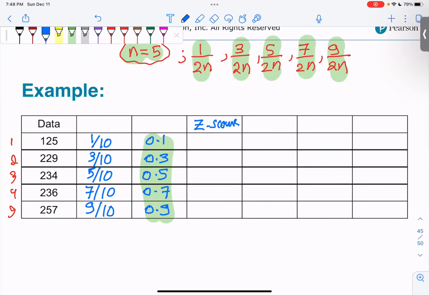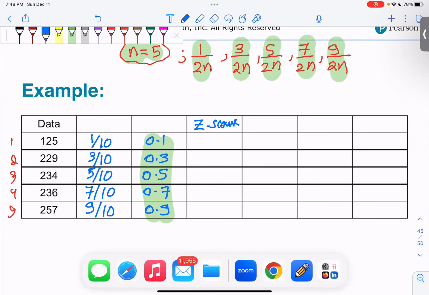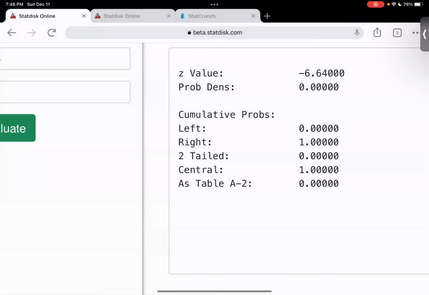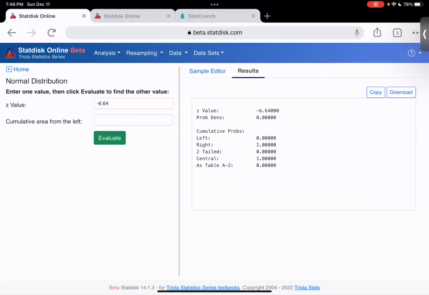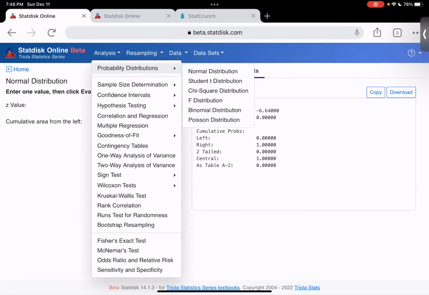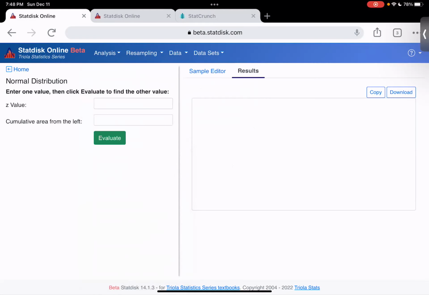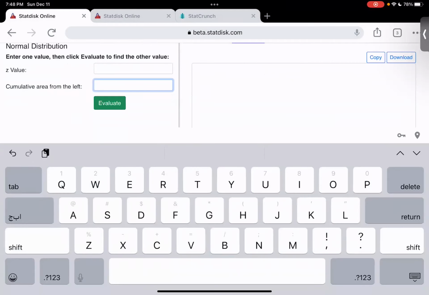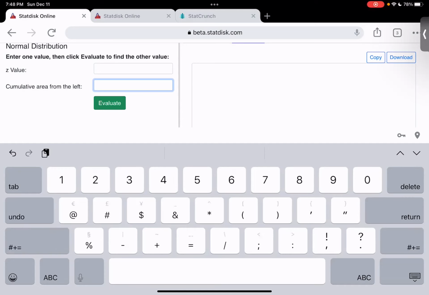Okay, so now for z scores, we can use StatDisk, right? So let me show you how you can use it. Come here: Analysis, Probability Distributions, Normal Distribution, and go to the area. Now we have the area, and we will try to find z values.